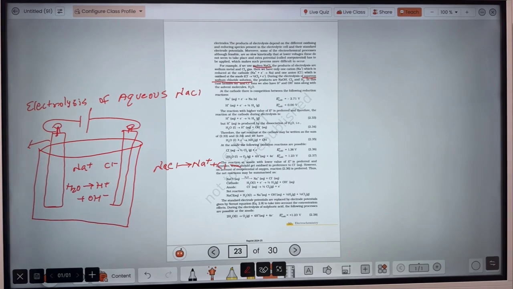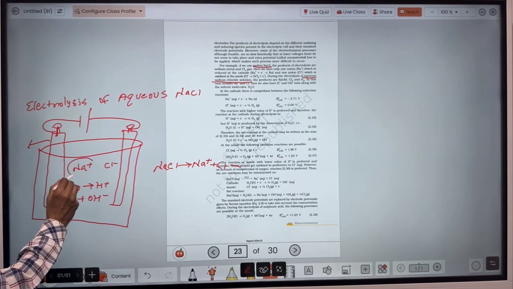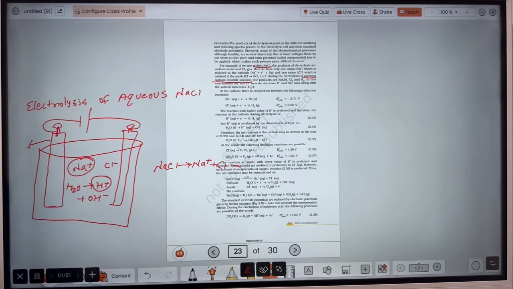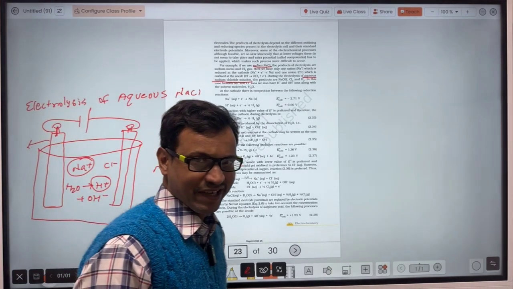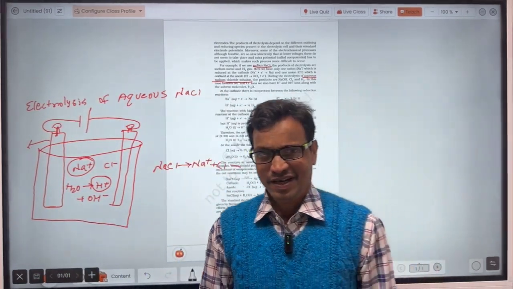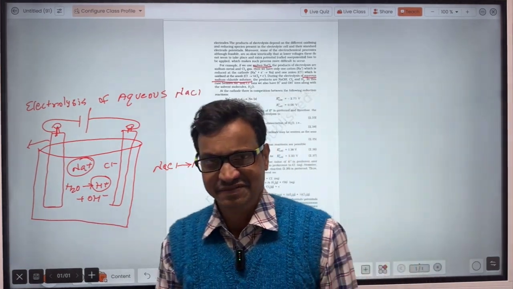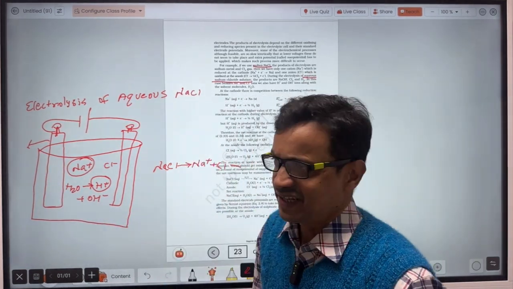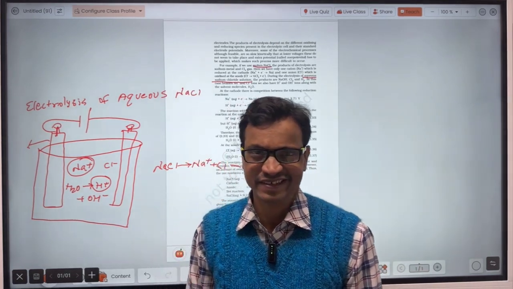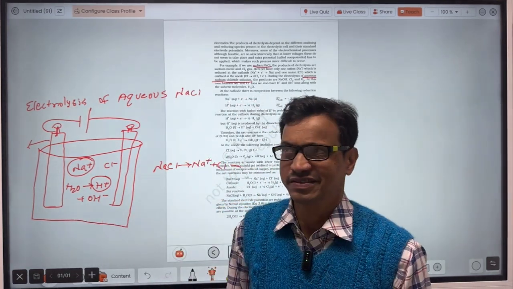Now here there are two cations, Na plus and H plus. The Na plus is obtained from the dissociation of NaCl, and H plus from the dissociation of water.